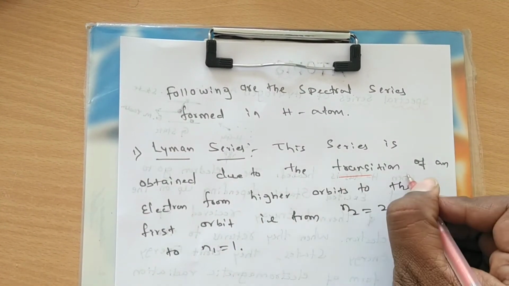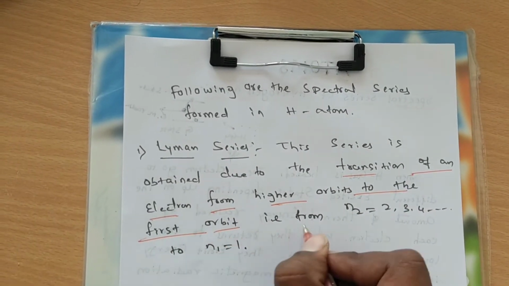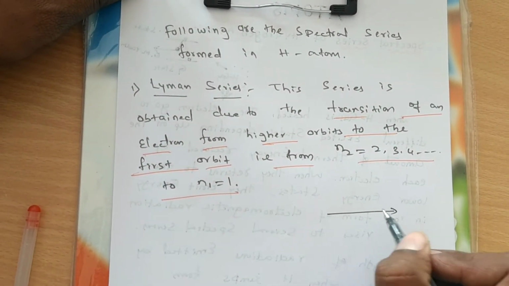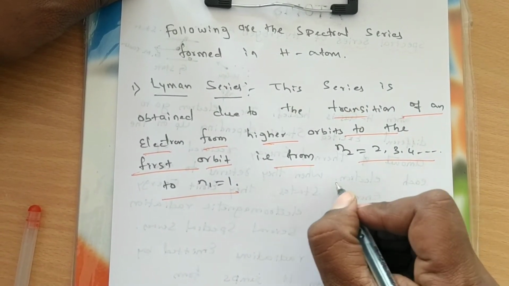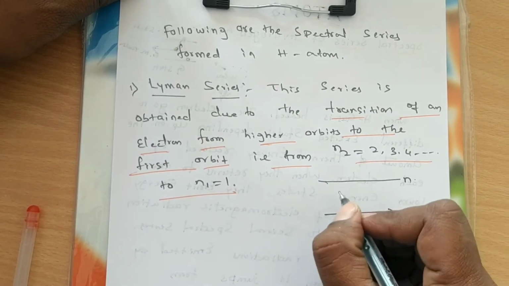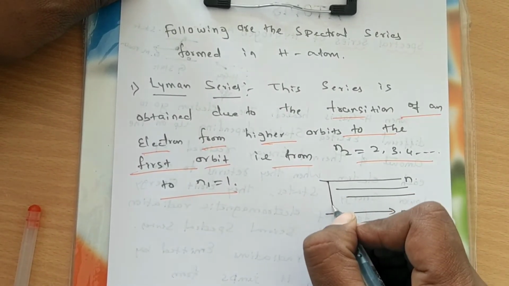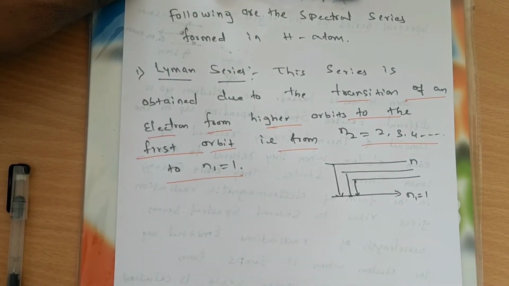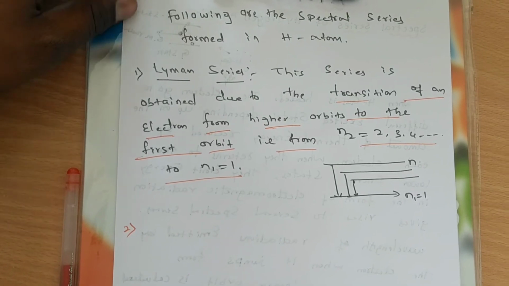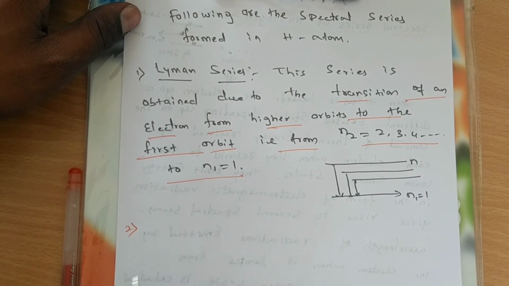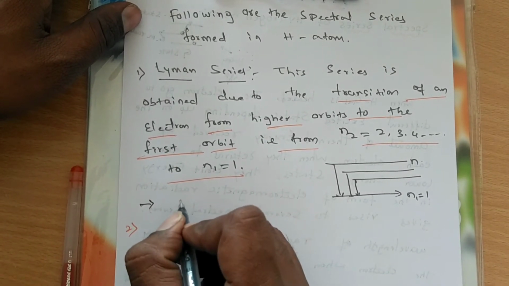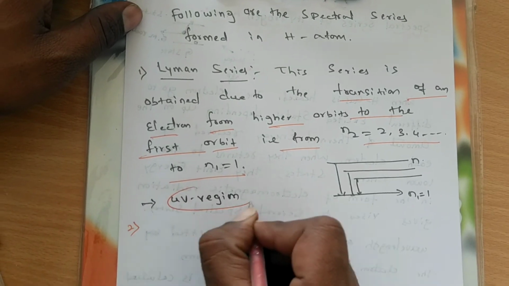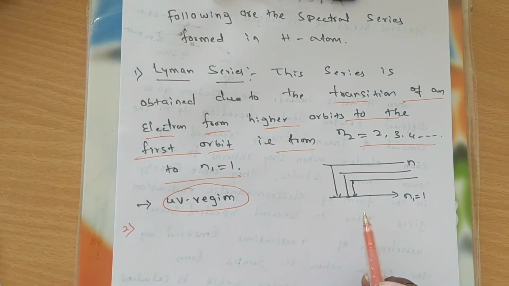Here electron transition occurs from higher orbit to the first orbit, which is called the Lyman series. And this series lies in which region? It is observed in the ultraviolet region, UV region.